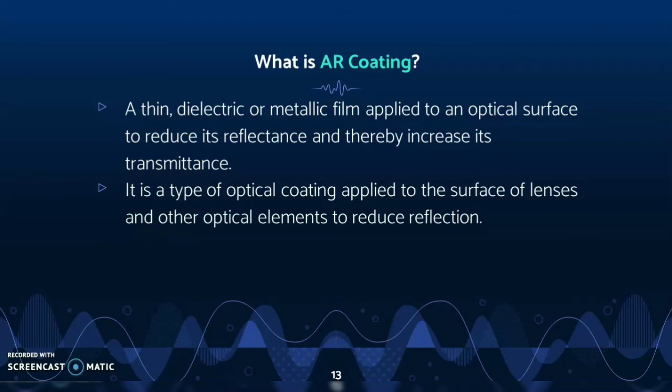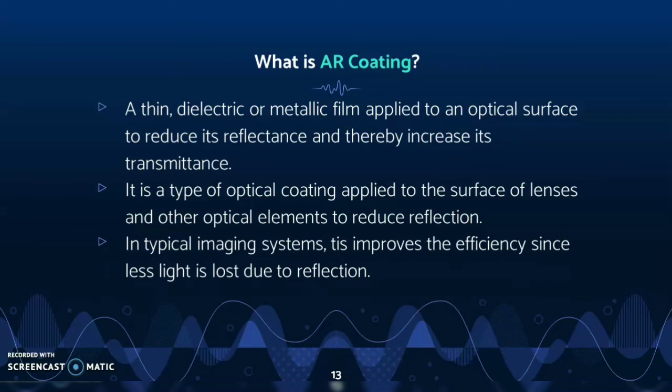It is a type of optical coating applied to the surface of lenses and other optical elements to reduce reflection. In typical imaging systems, AR coating improves the efficiency since light is lost due to reflection.